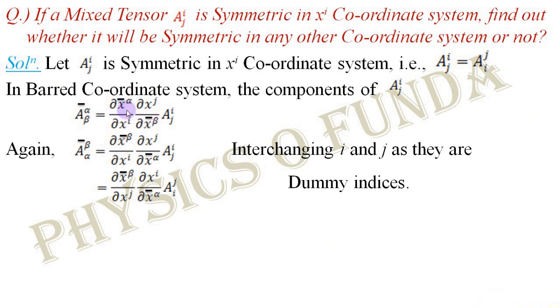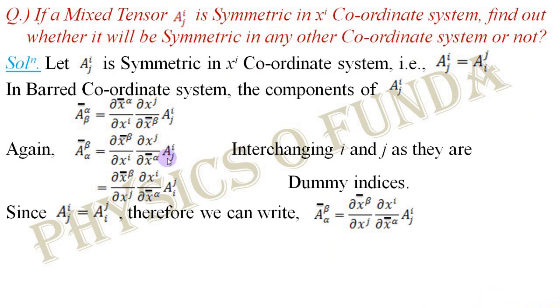In the previous equation, we write A bar alpha beta, but in the next line, we write A bar beta alpha. So in the right hand side, we have to also swap the position of alpha and beta. In the next line, we also swap the position of i and j because i and j are the dummy indices.